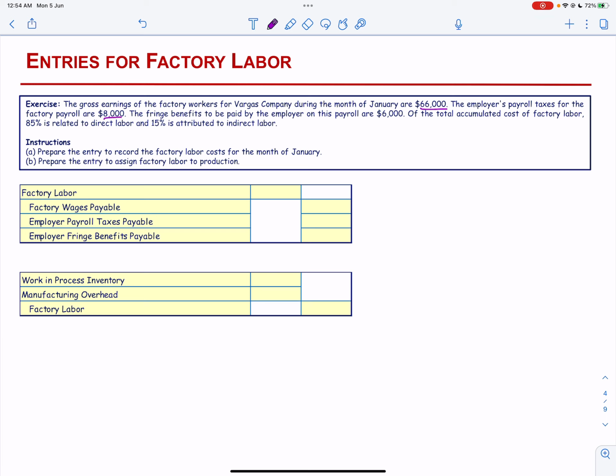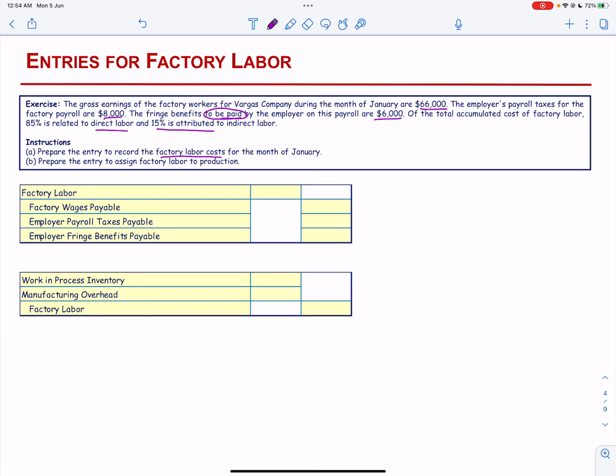The fringe benefits to be paid by the employer on this payroll are 6,000. Of the total accumulated cost of factory labor, 85% is related to direct labor and 15% is attributed to indirect labor. Prepare the entry to record the factory labor cost for the month of January.